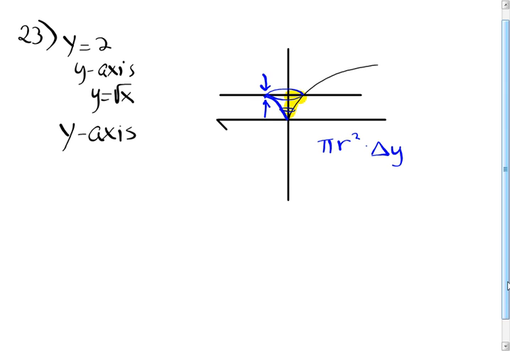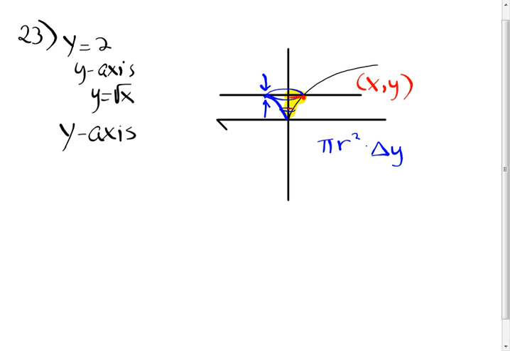Now, how do you find the radius? The radius is this length right here, which is what coordinate on this? This is all geometry. It's x comma y. What's the radius here? I know. What's the radius? X or y?